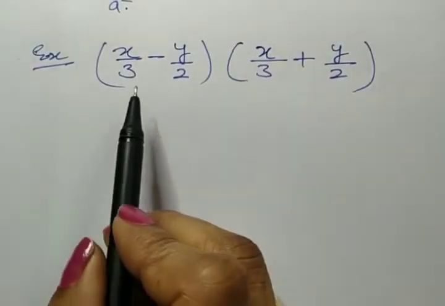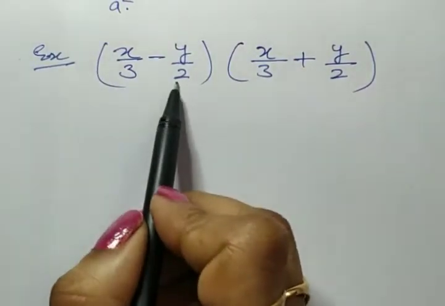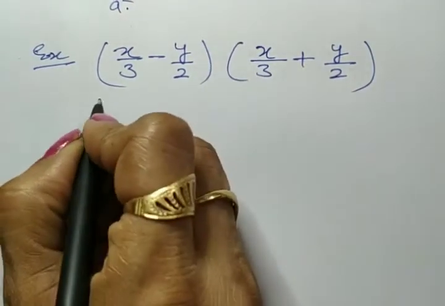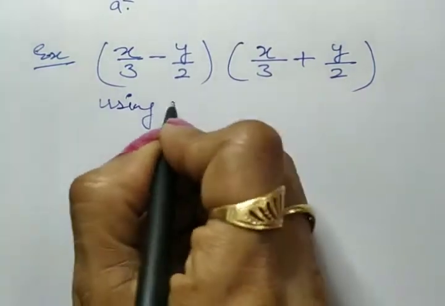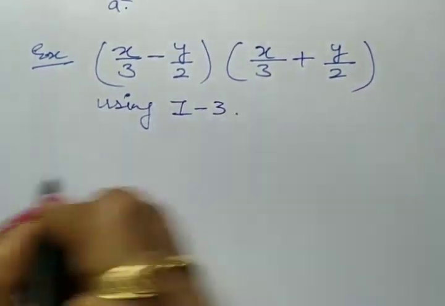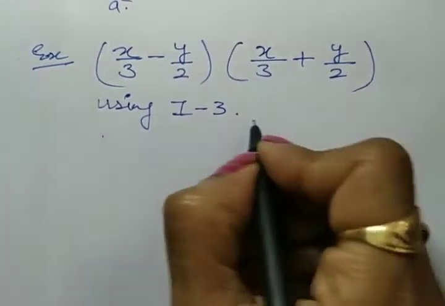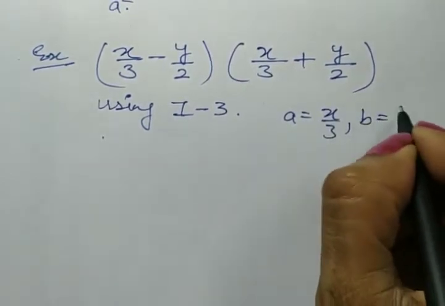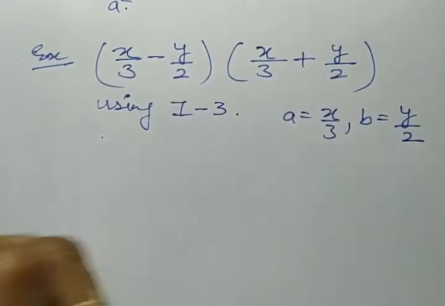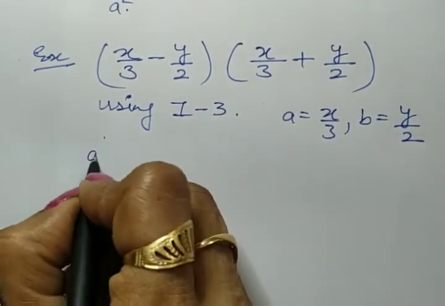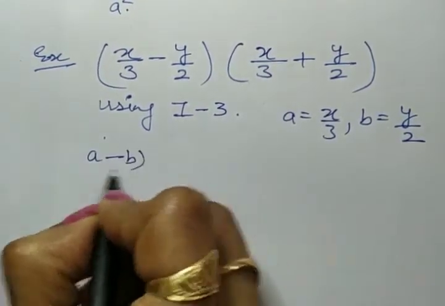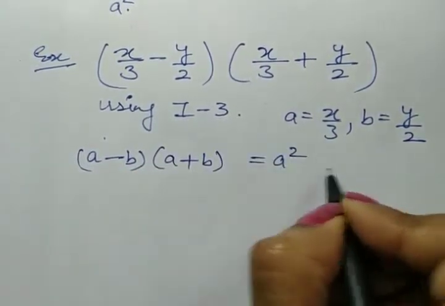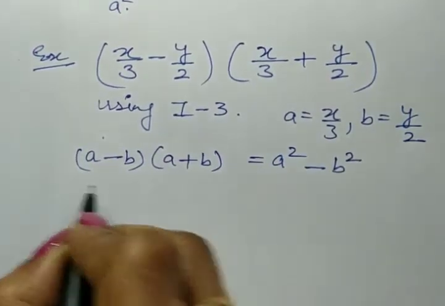Let's do one more question. In this, (x/3 - y/2) multiplied by (x/3 + y/2). We have to use identity 3, where a is equal to x by 3 and b is equal to y by 2. According to identity 3, (a - b) multiplied by (a + b) is equal to a square minus b square.